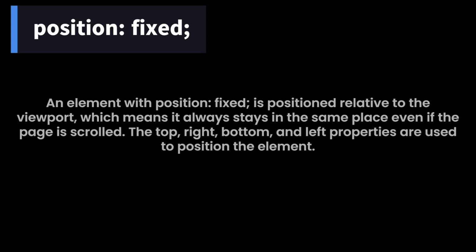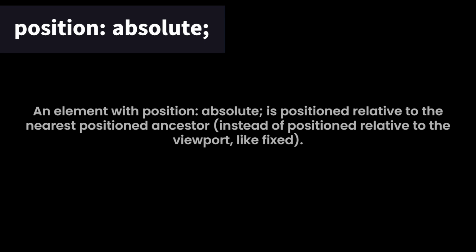So let's talk about position absolute. An element with position absolute is positioned relative to the nearest positioned ancestor instead of relative to the viewport like fixed. This is to tell you that when there are two elements of the same parent and one is positioned absolute, that one will lap over the other and be positioned exactly where the other element is.